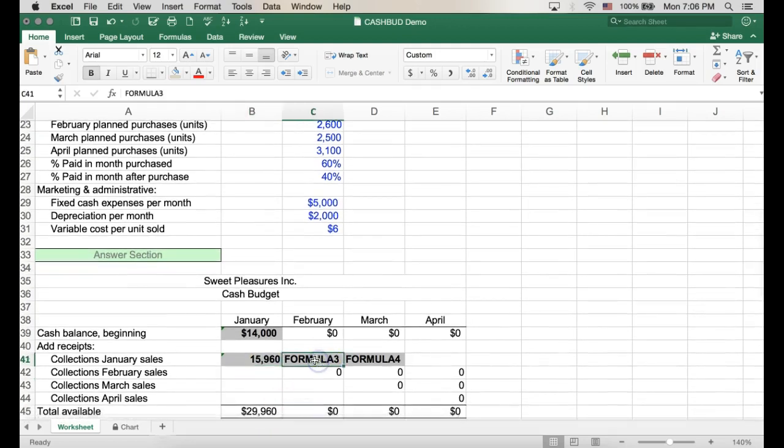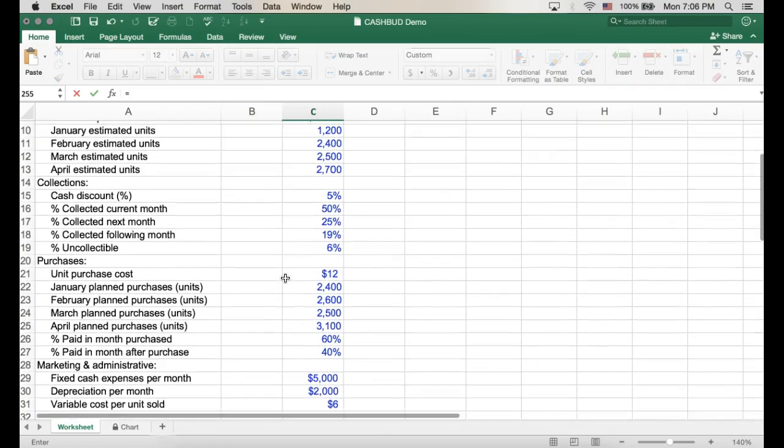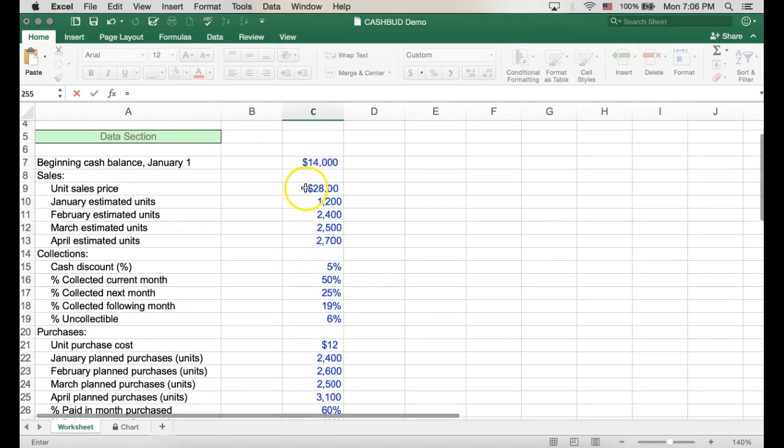Formula 3, we do similar, but we have to look up how much is collected in the next month. So we start with the same $28 times the 1,200 times 25% is collected in the next month.